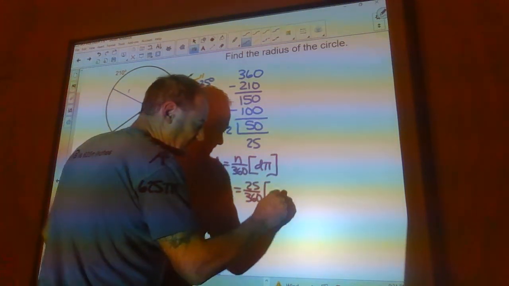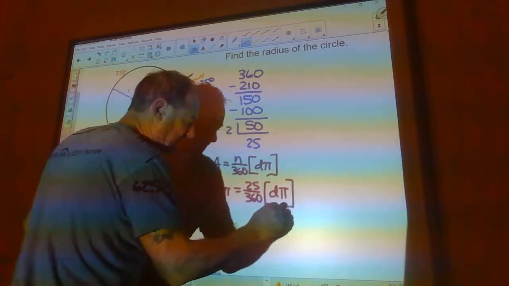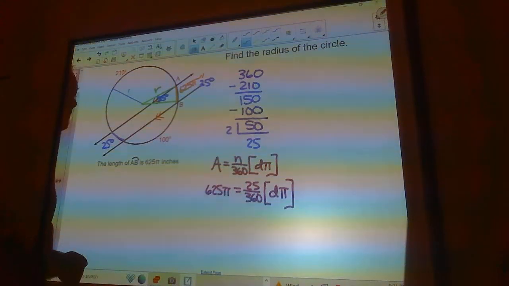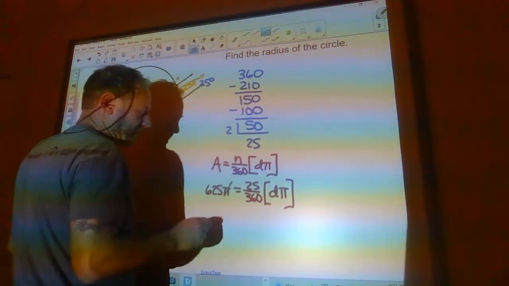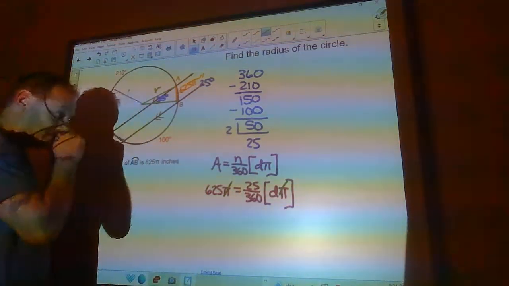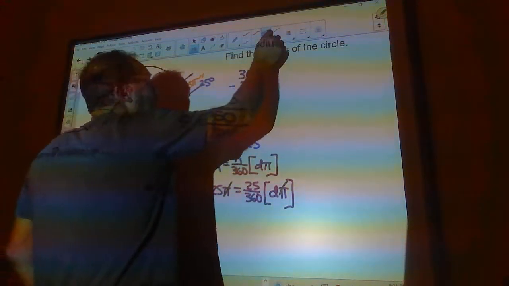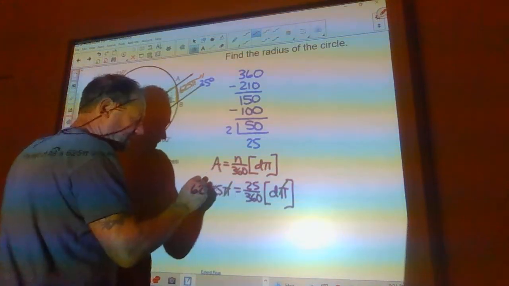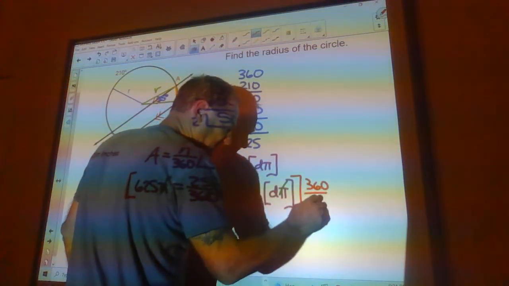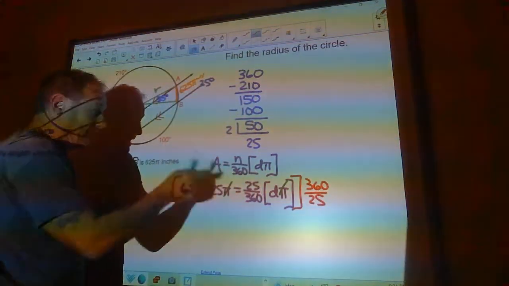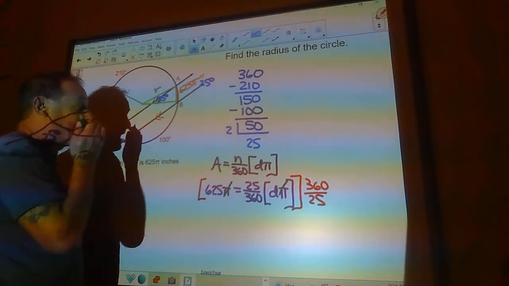And that leaves diameter times pi right here. Okay, so I can solve for the diameter. So here's a nice thing. I've got a pi on both sides, so I'm going to go ahead and cancel those out. Then I'm going to take this whole equation and multiply it by 360 over 25. Where did I get that? Right here. Now, what's going to happen?